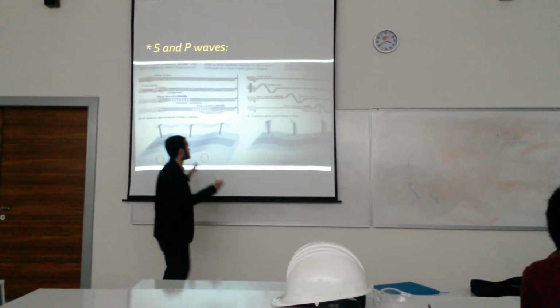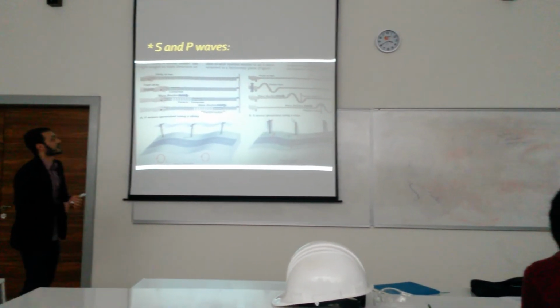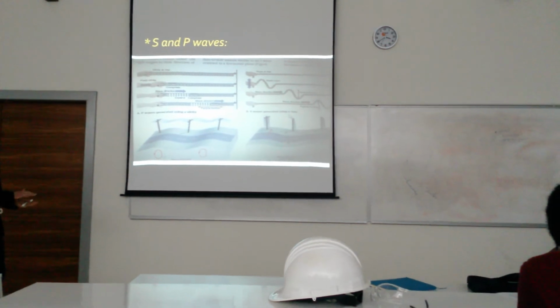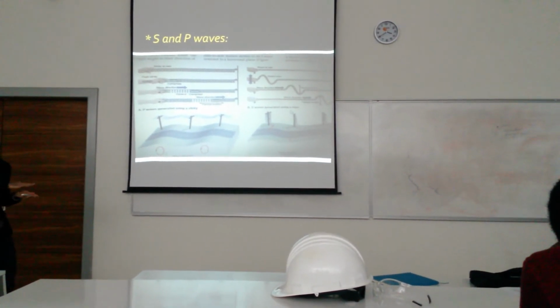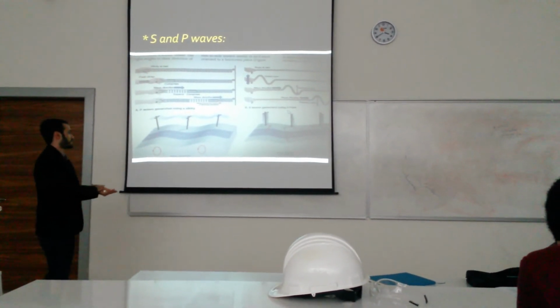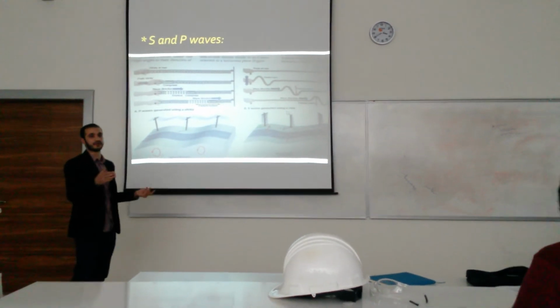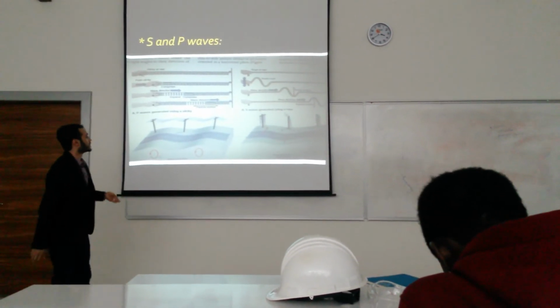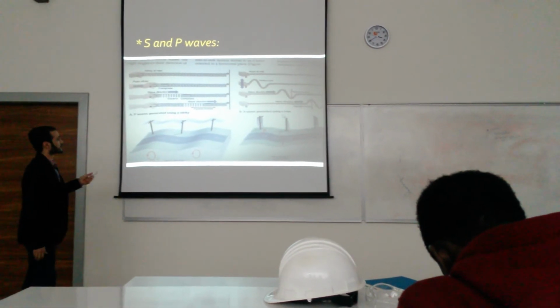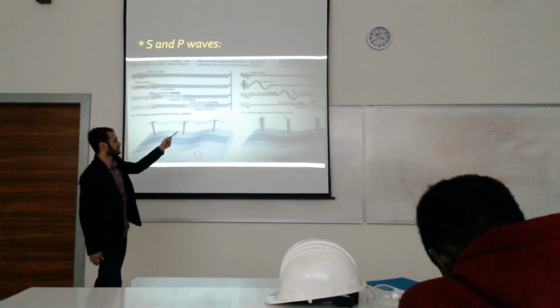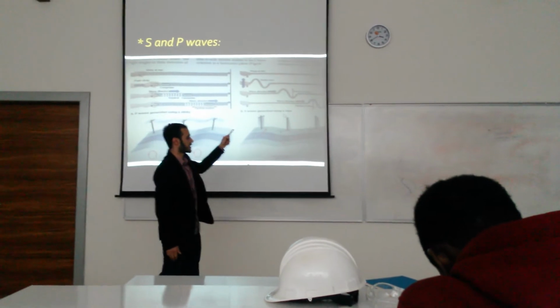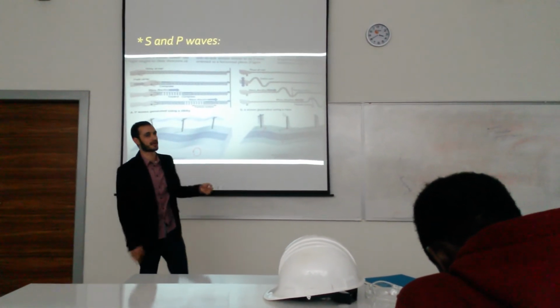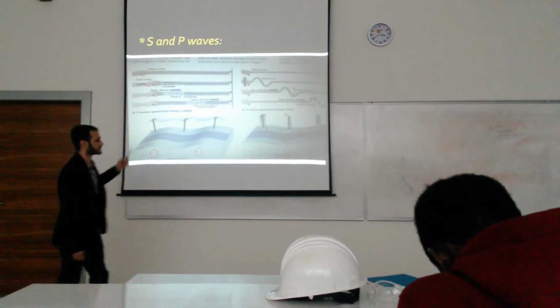According to this slide, I can say that if the surface of my earth, I mean soil, maybe my building, can jump, I can say like this: the shaking from the S wave is way bigger than from the P waves.